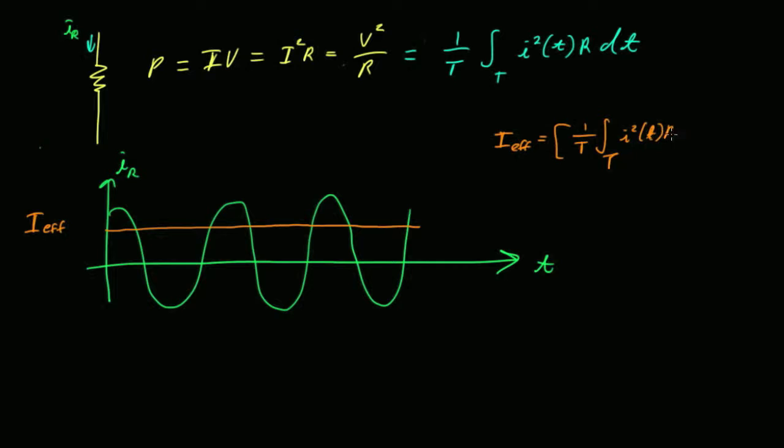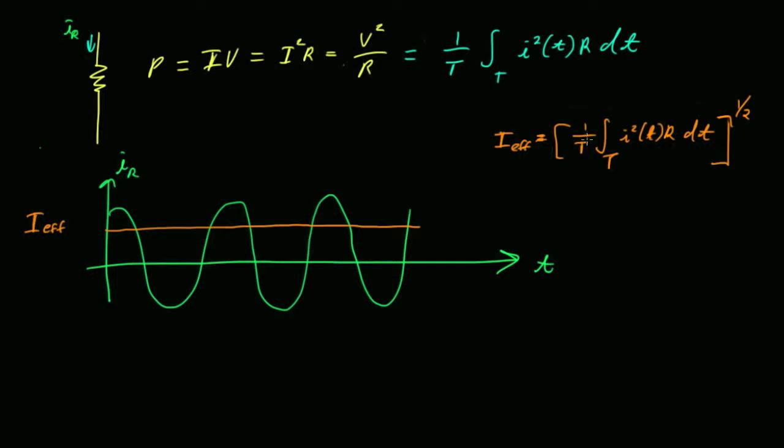If you've got a periodic signal, be it a current or voltage, you square it, average it over one period, and then take its square root. You get a constant, which is the effective power, or the effectiveness, of that signal.